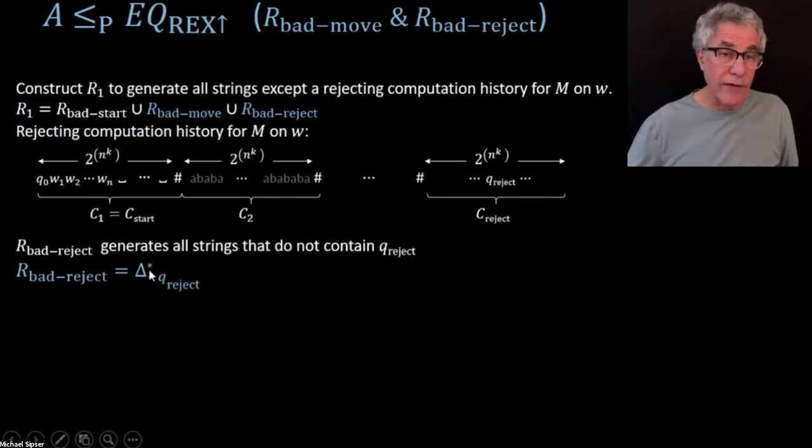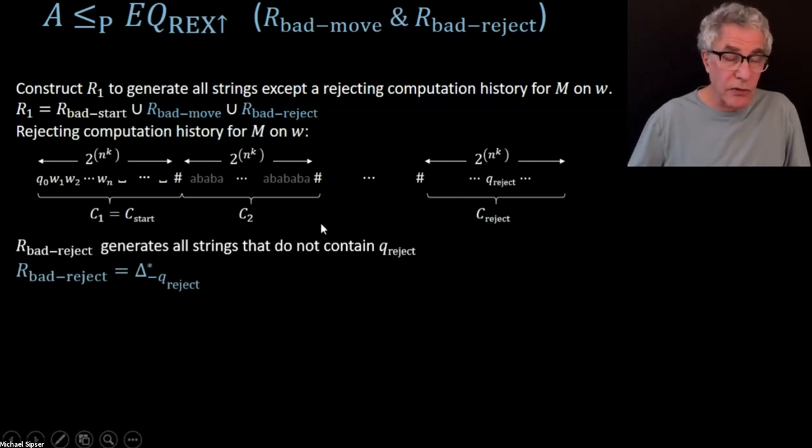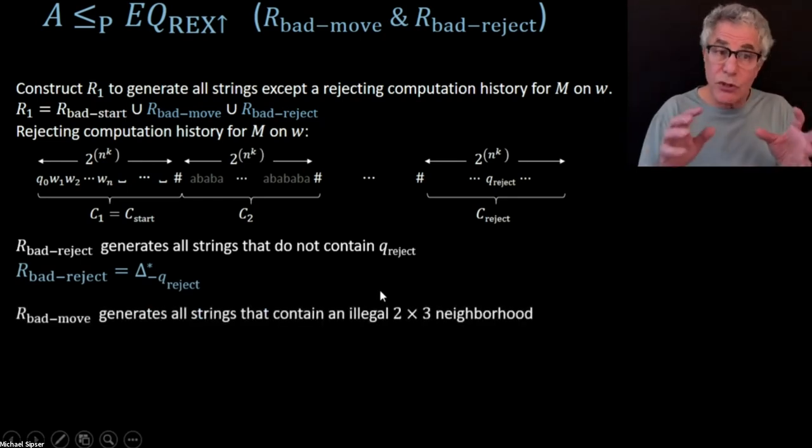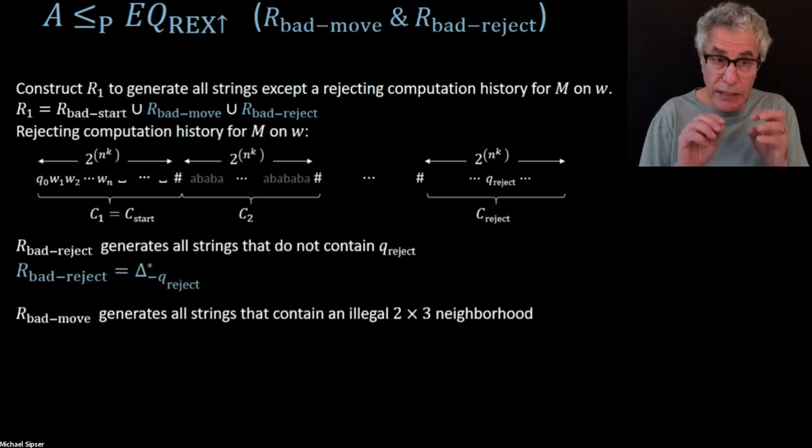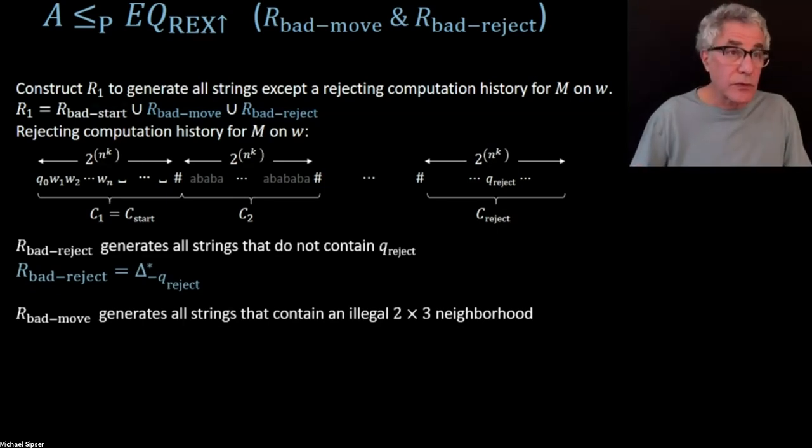So that's all strings that don't have Q reject. So that's going to describe all strings that don't end with a Q reject, plus some other junk strings along the way. But that's all. It's never a problem to put in other strings that might be captured in some other part of the regular expression that are bad strings. You just want to make sure you don't put in that one uniquely good string, which is the rejecting computation history string.